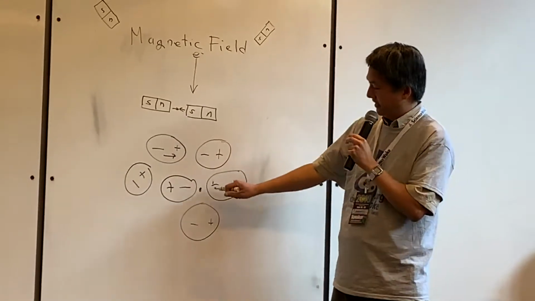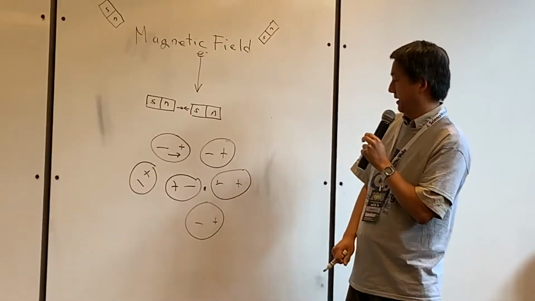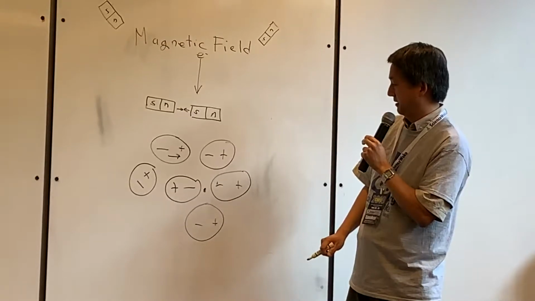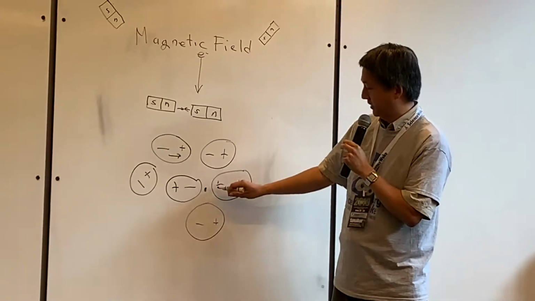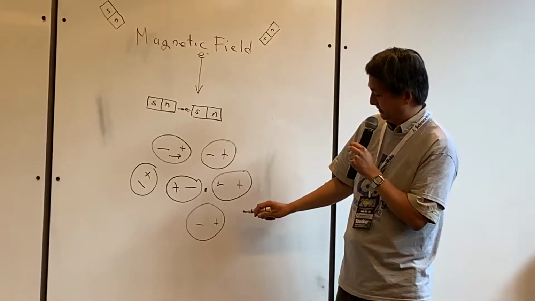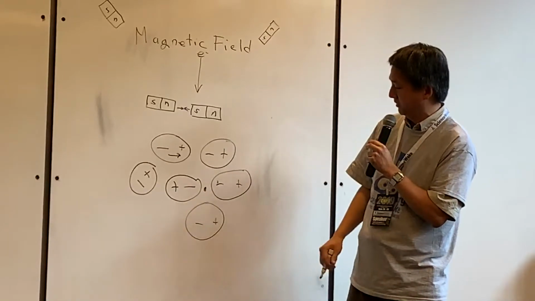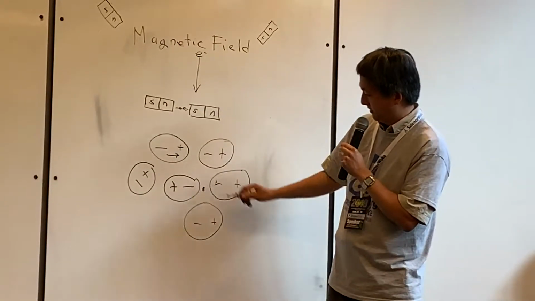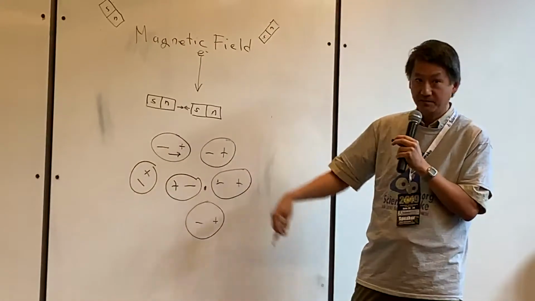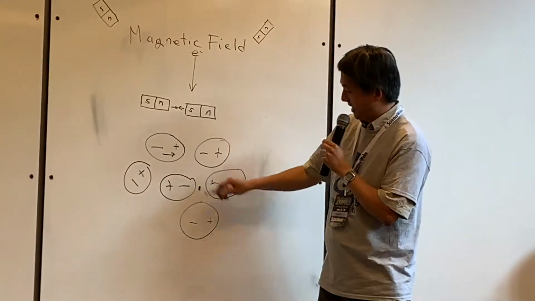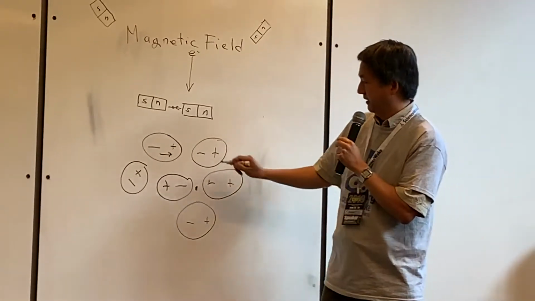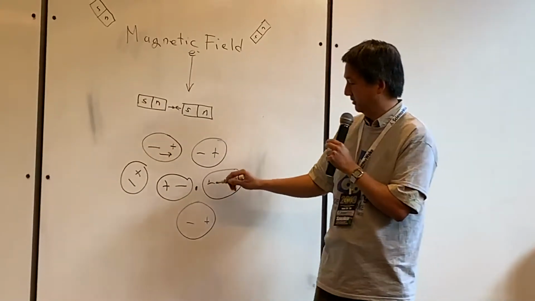If I put a charge right here, it's being pushed by two negatives, and it's negative, so it's going to be repelled by everything. In fact, in this particular spot, it's surrounded by negative charges, so it's not going to move at all. Okay, so it's not moving, it feels no force.